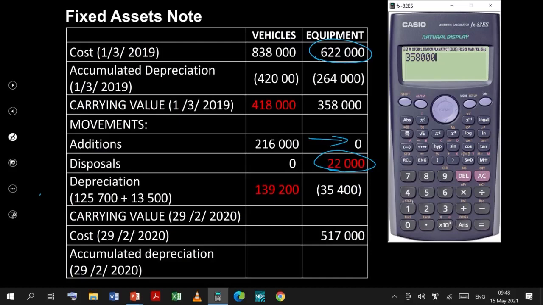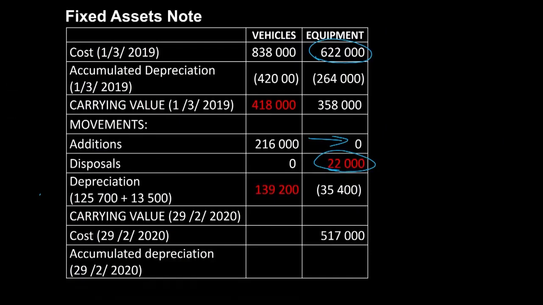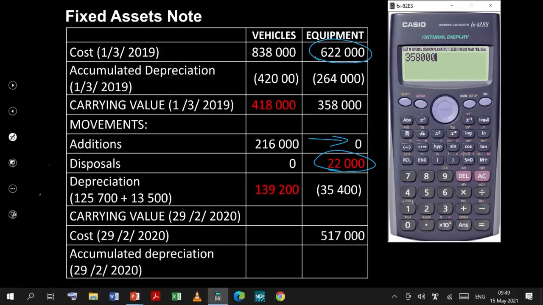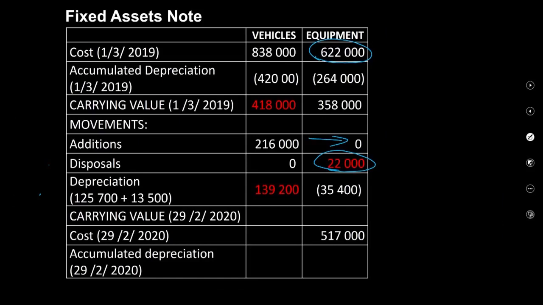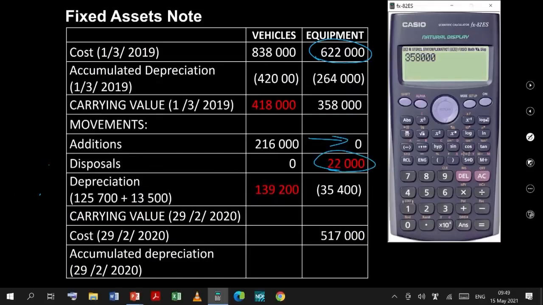Minus your disposal, 22,000, which was my disposals at carrying value, minus my depreciation of 35,400, and clearly you can see that gives you a carrying value of 300,600.